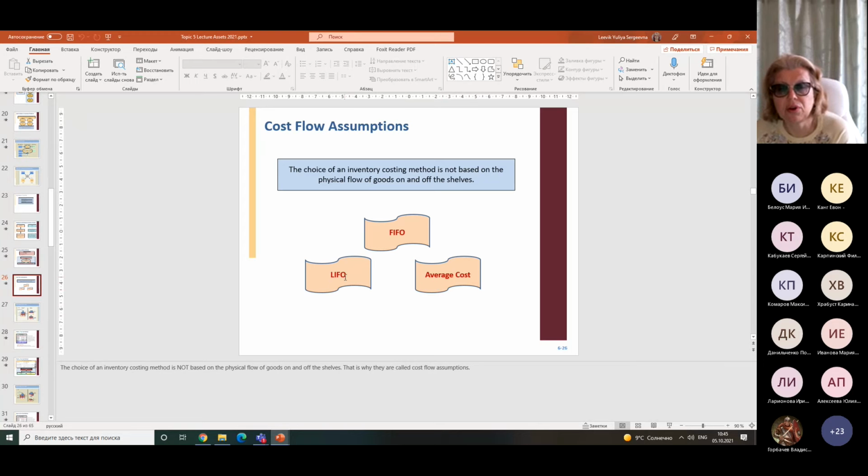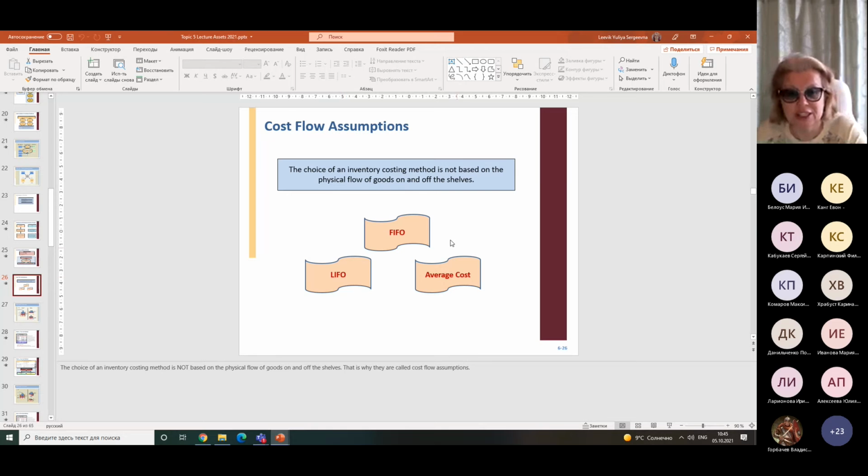Please remember that currently the LIFO method is prohibited under IFRS. LIFO is prohibited in the Russian Federation. Of course, it's a reasonable question: why should we learn about this method? This method is not prohibited in some countries, for example, in the United States, and we never know what will be in the future. Who knows, maybe in the near future LIFO will not be prohibited.